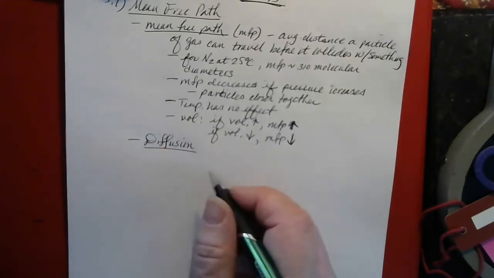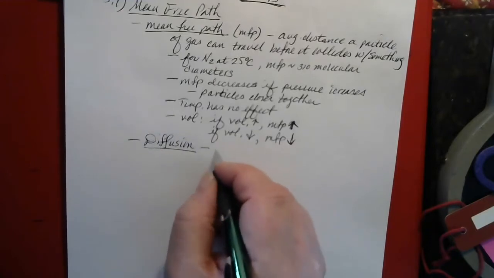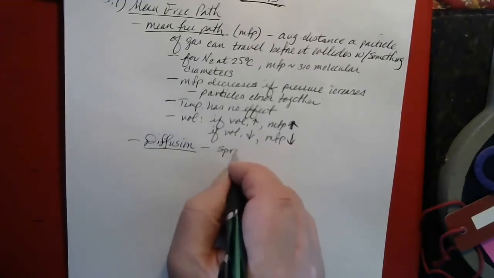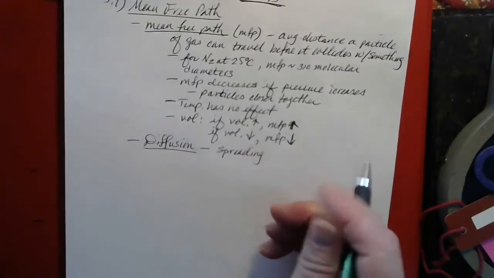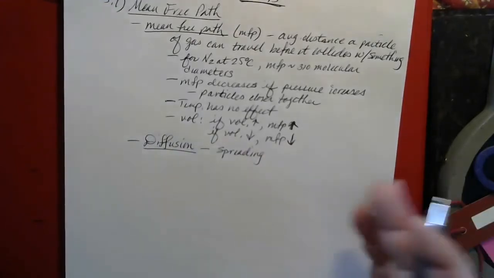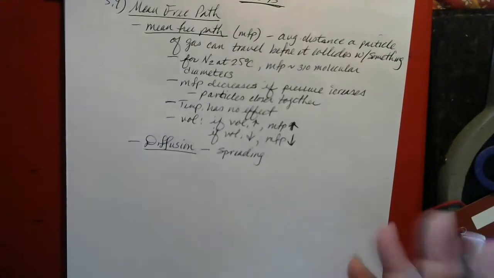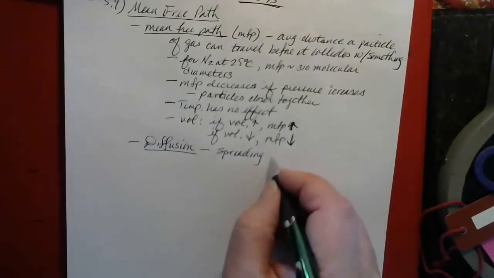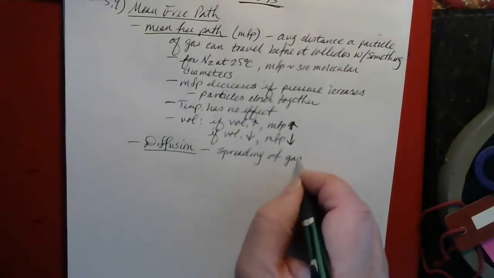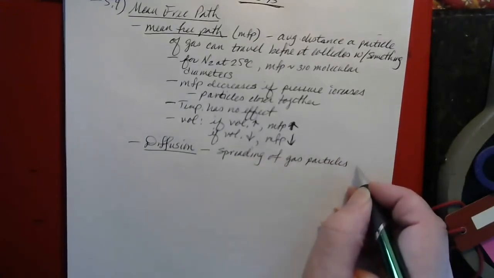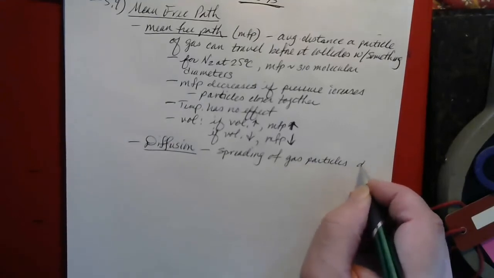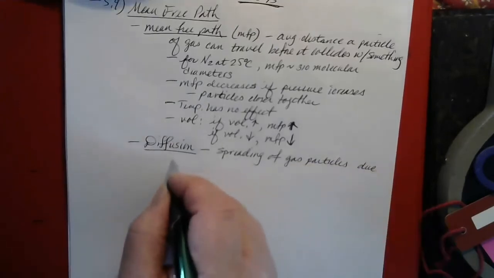Mean free path is related to the concept of diffusion. Diffusion is the spreading out of gas particles into another area due to a difference in concentration. So it's a spreading of gas particles due to a pressure gradient.